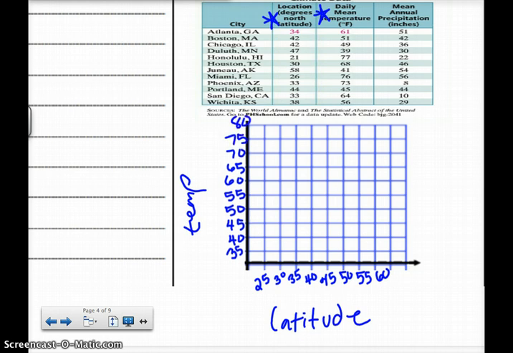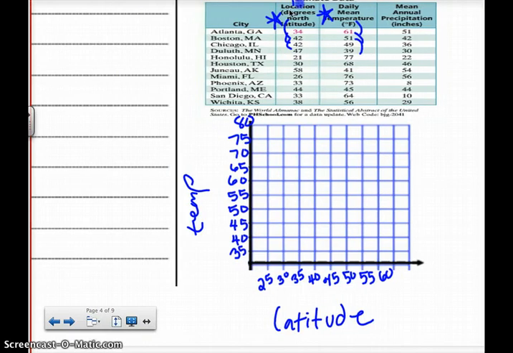Did I account for everything? They're going up to 8. Perfect. That seems great. And now you just plot. Okay, so the first thing you need to know is all of this represents a point. These are points.